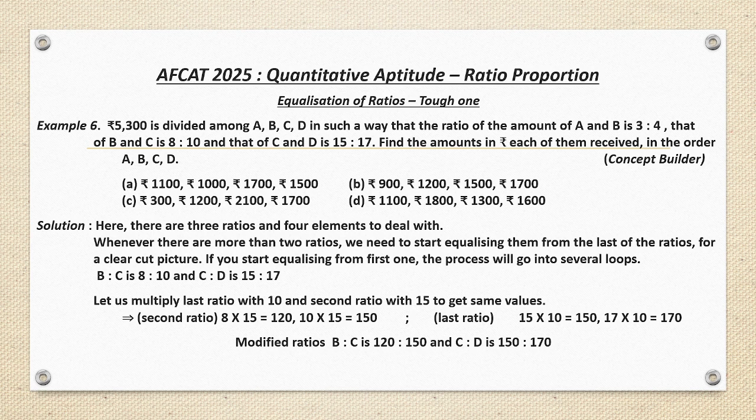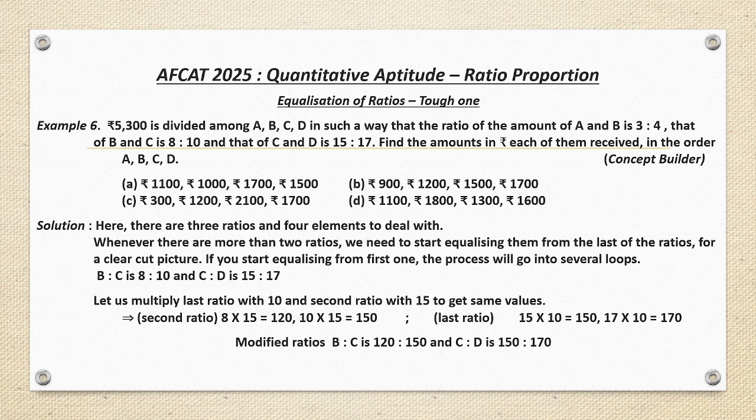C and D is 15 to 17, and B and C is 8 to 10. So for C, we have got 2 different values, 10 and 15. Now what should we do? Simply B and C multiply by 15, and C and D multiply by 10. Okay.